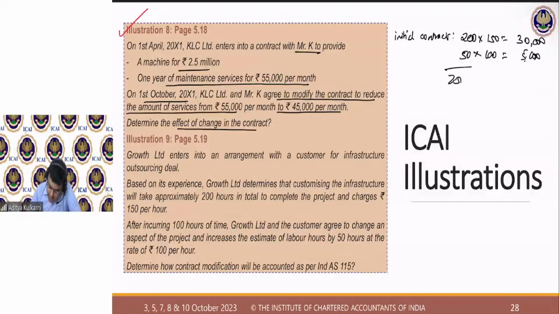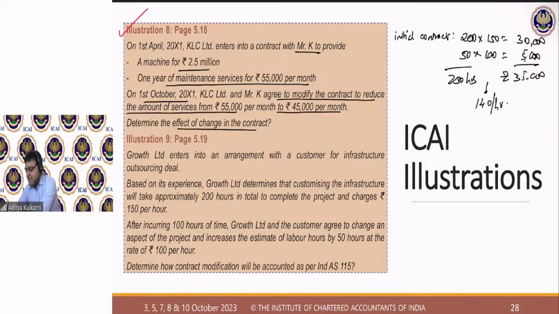So totally I am having 250 hours, and the cost of that is rupees 35,000. So what will be my revised rate? My revised rate will be 140 per hour.